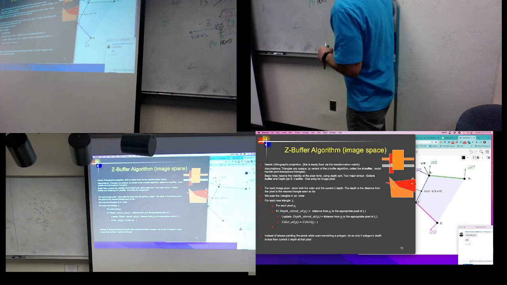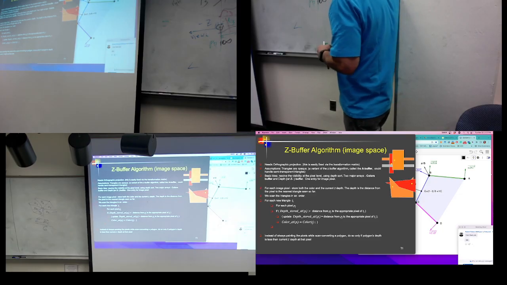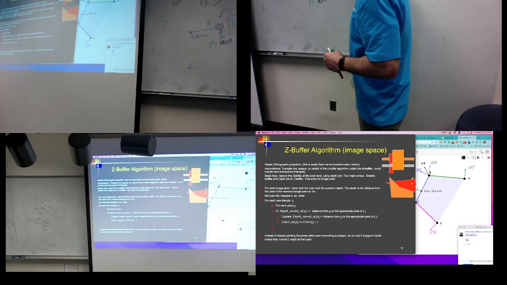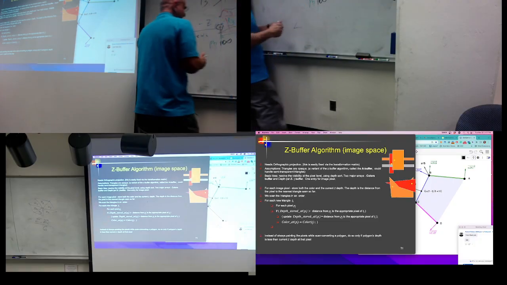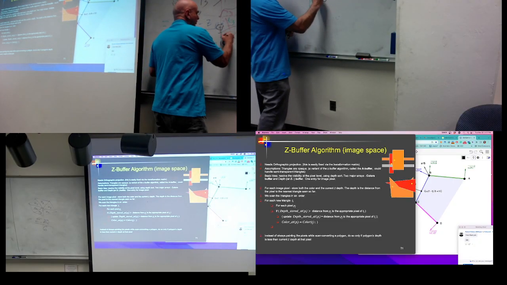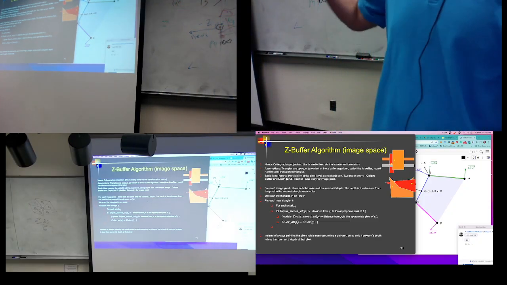What is my distance to this point of T5? Different than the previous pixel. It is smaller than the infinity that I stored earlier, and that's why I'll change my color to be T5.